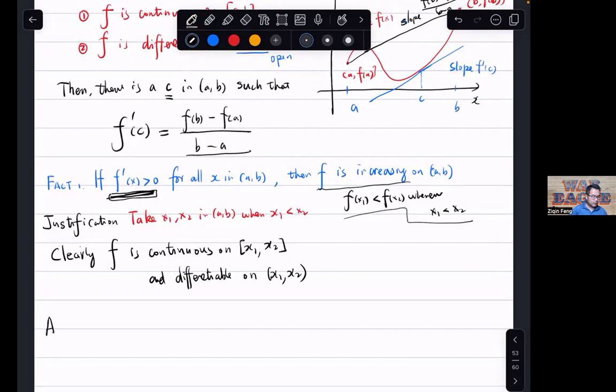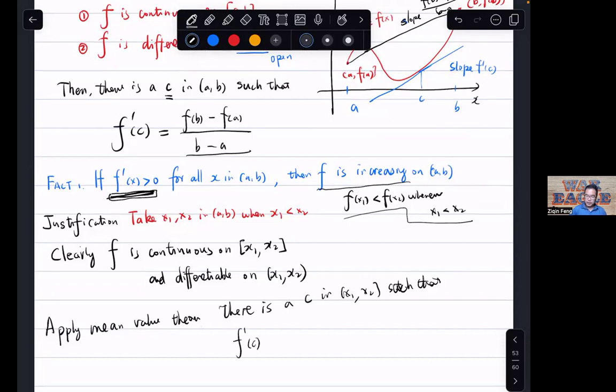So apply the mean value theorem, and there is a c inside (x1, x2) such that f prime of c is f of x2 minus f of x1 over x2 minus x1, right?